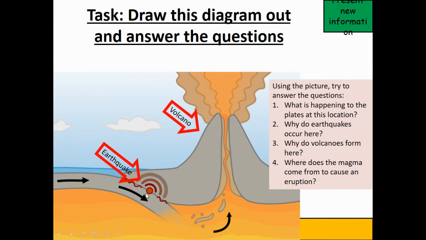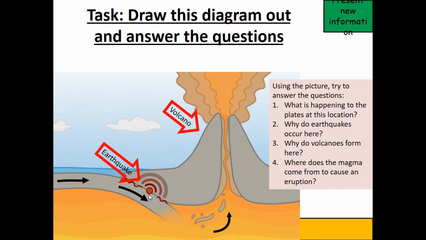Now here, because it isn't smooth, it gets stuck and friction builds up. This release in pressure, the release in friction, it's like if you were to rub your foot along a carpet with some thick socks on, you might get a bit stuck, and then when you push really hard, then your foot will go flying out from underneath you.